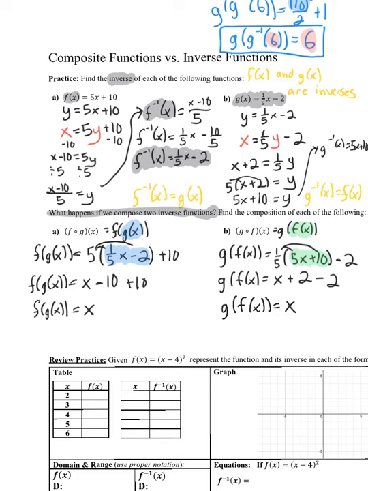So that's how we can prove, using the composition of functions method, that two things are inverses as well. And that's whenever you get two composed functions equaling x. All right, then you're going to end up with inverses, f of g of x.